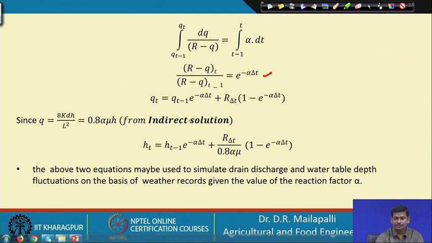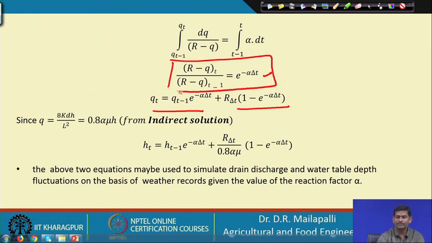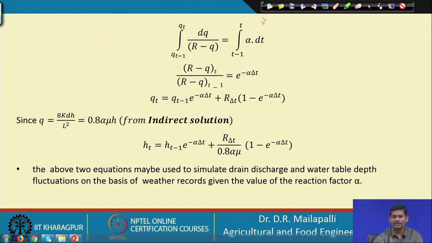Then Q t is equal to Q t minus 1 e power minus alpha dt plus R delta t into 1 minus e power minus alpha dt. Once you get this, it is all arranging the terms basically.